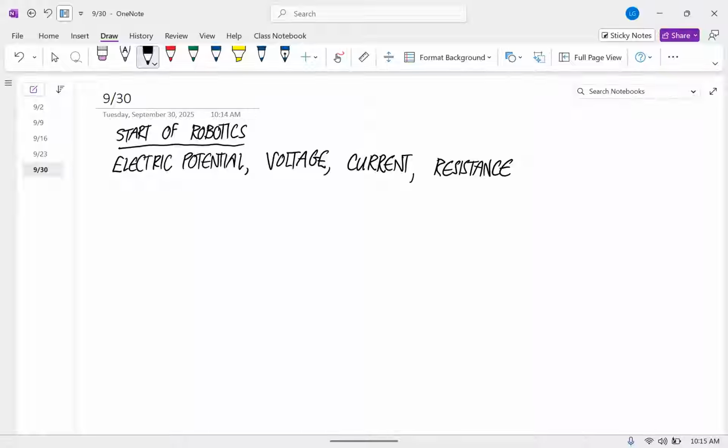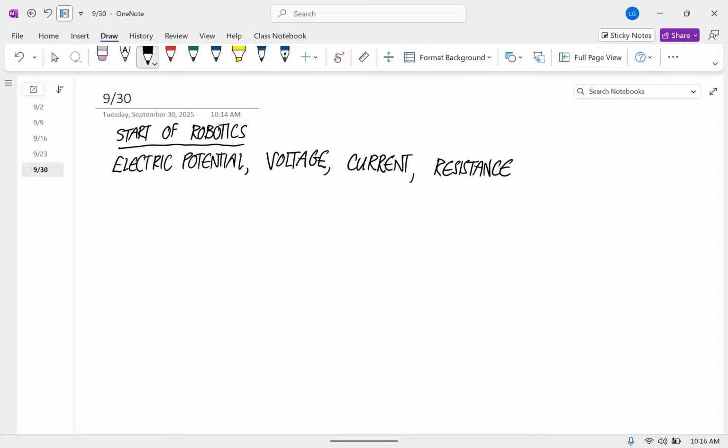And then how to wire these things up in our class, and we'll get to some hands-on circuits next time. But I just want to talk first a little bit about how to think about these things, like how to have intuition about what's going to happen, and then some calculations.